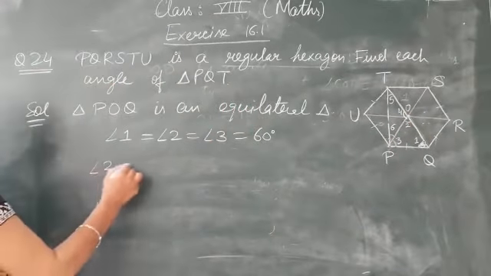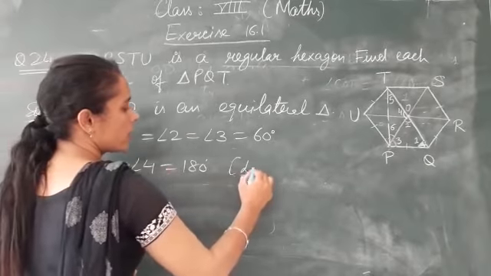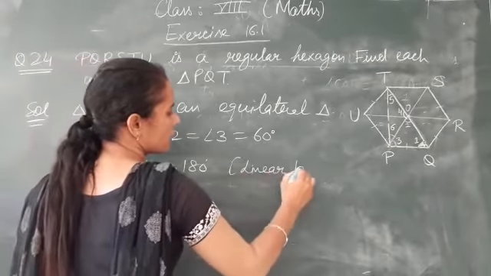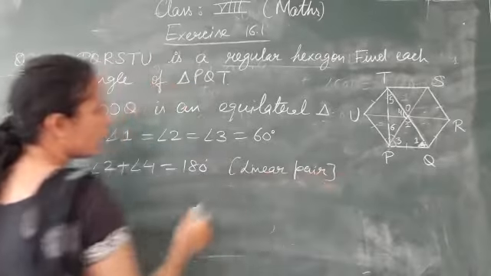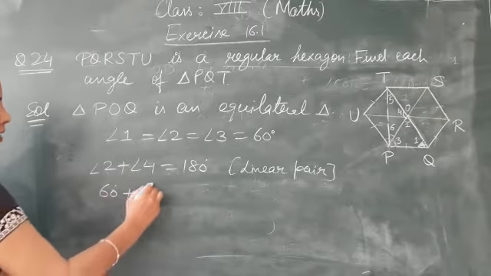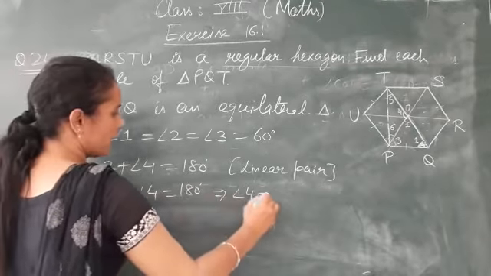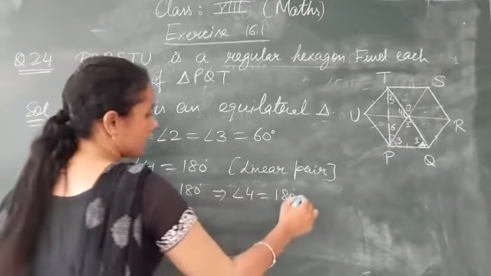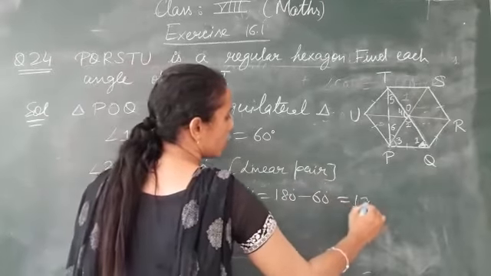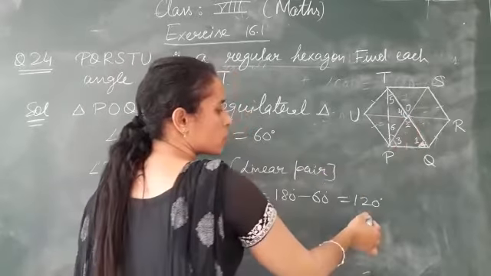Angle 2 plus angle 4 will be equal to 180 because these are forming a linear pair of angles. Now angle 2 we are given as 60 degrees plus angle 4 is equal to 180 degrees. So from here you will find that angle 4 is 180 minus 60, which is 120 degrees.